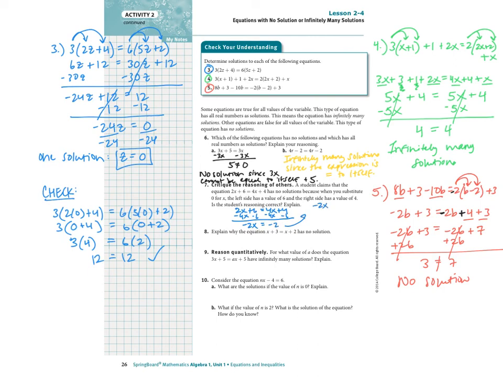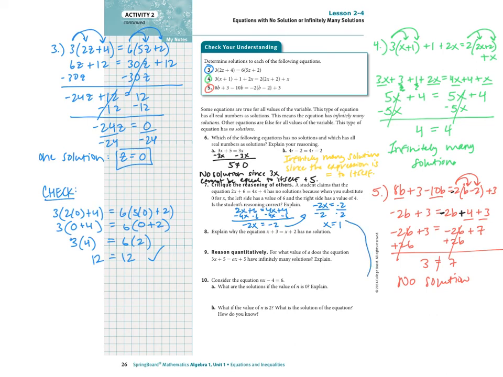And then I divide by negative 2 underneath my x and do the same thing to the right side. So I get x equals 1. Looking at this, just because we picked x equals 0 doesn't mean it's a solution, and it doesn't mean that the equation doesn't have any solutions. When we solved it, it gave us x equals 1, so the equation has a solution.